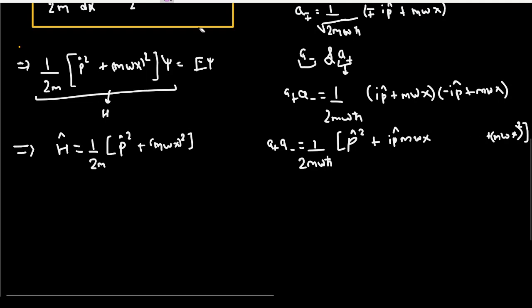So what we can write here is negative m omega x iota p cap. Yeah, so this is what our equation becomes.